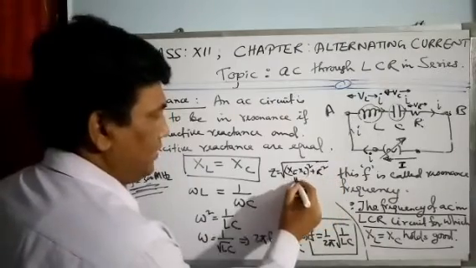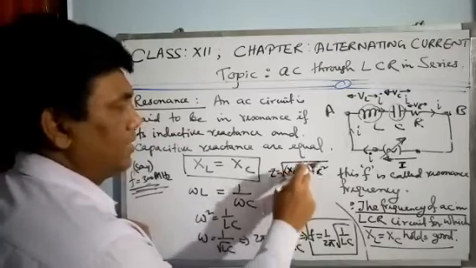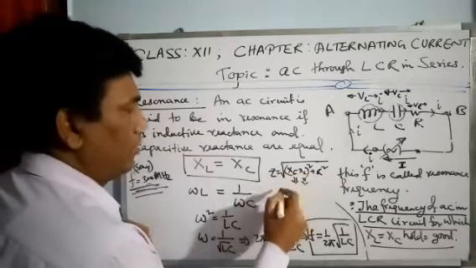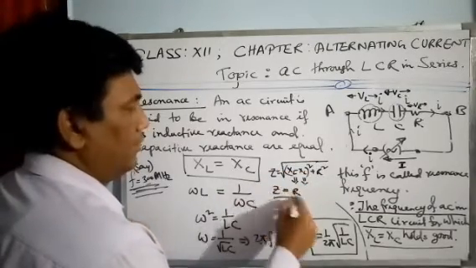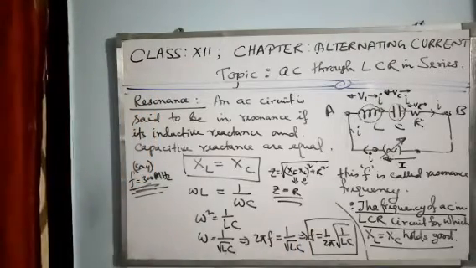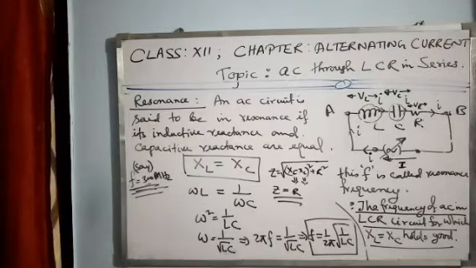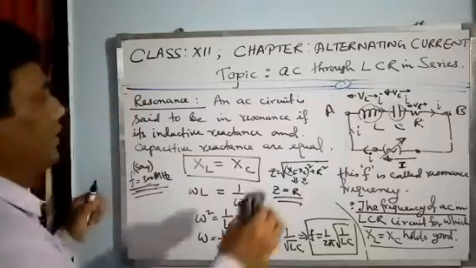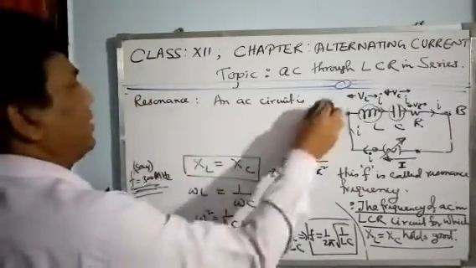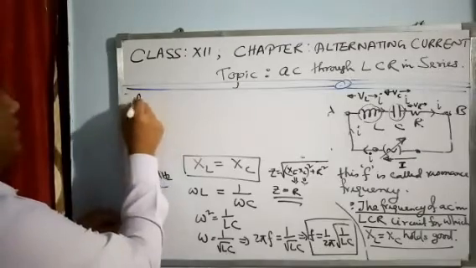At resonance, if XL equals XC, then this part will be 0, so Z equals R only. Means the whole AC circuit will behave like a purely resistive circuit.